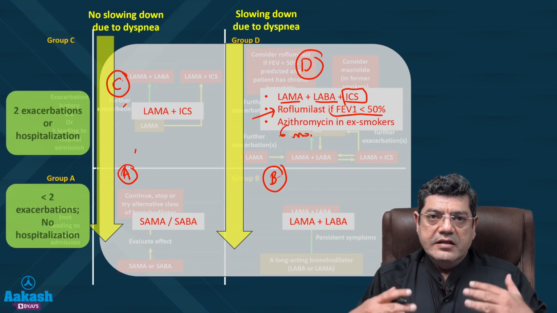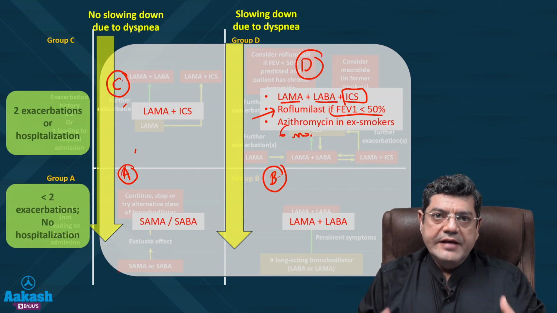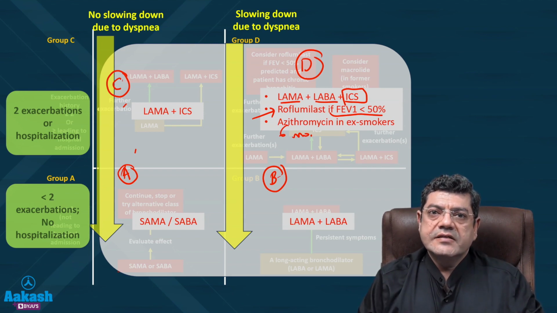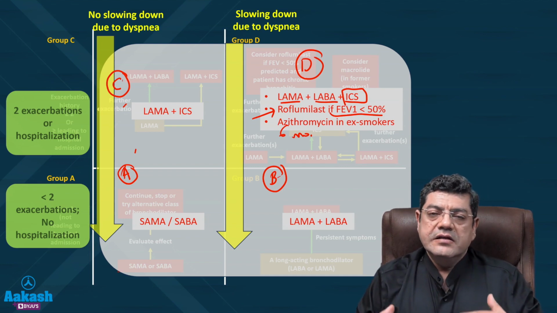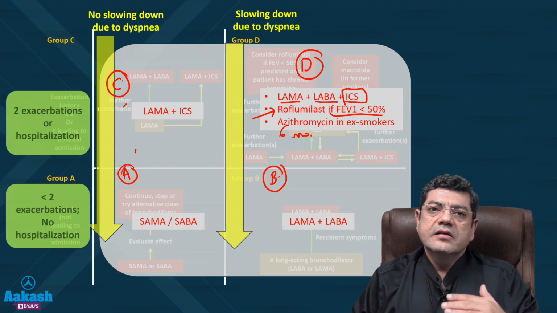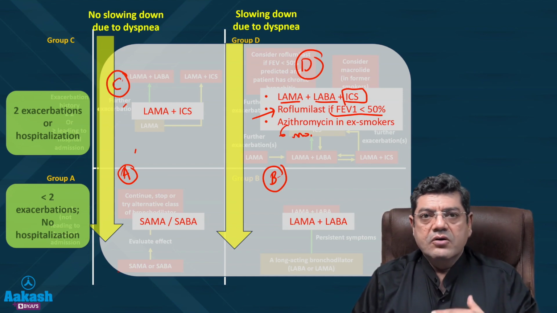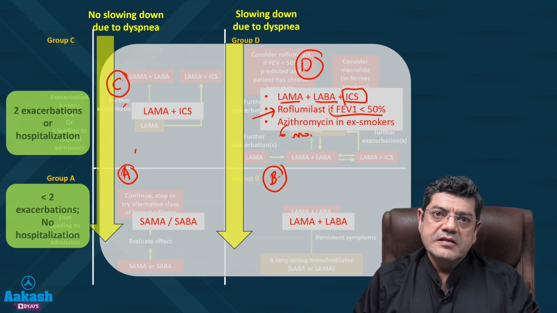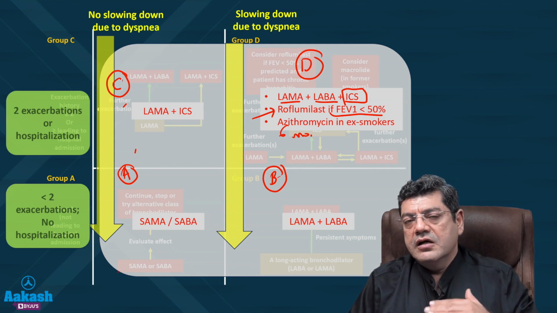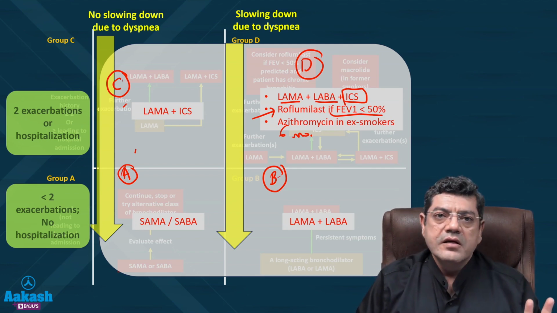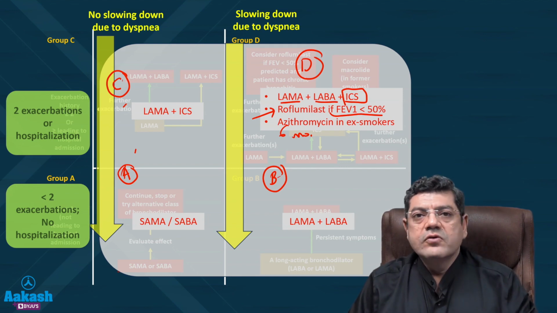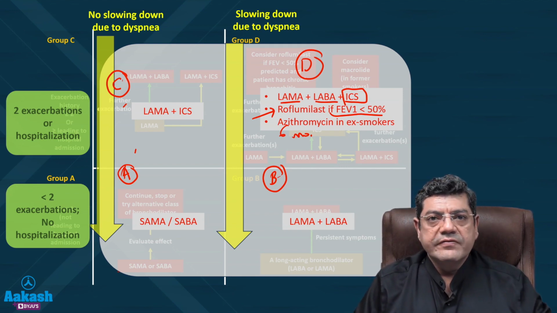So the stress in high-risk patients, those with frequent exacerbations or a hospitalization due to COPD in the past, is on preventing further exacerbations. The stress in low-risk patients, those who have never been hospitalized in the last 1 year, those whose exacerbations are limited to 1 or none in the last 1 year, we are more focused on providing symptom relief, right?